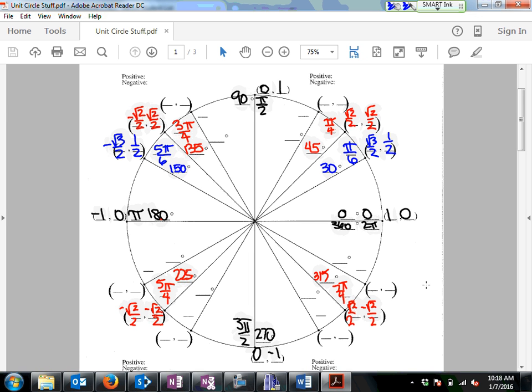Is there going to be a similar pattern here? Okay. In the third quadrant, 30 degrees past 180. 210. We can also think of this as pi over 6 past pi.